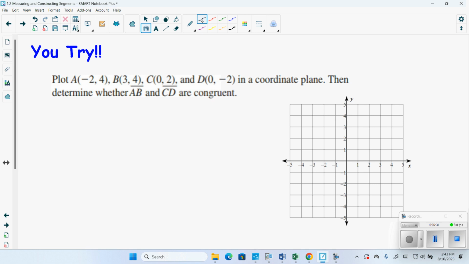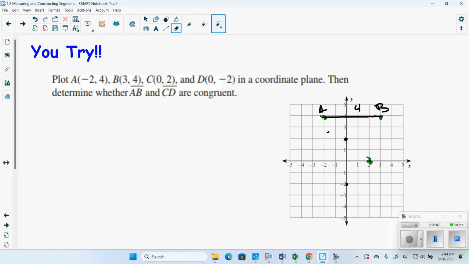All right, welcome back. I'm going to finish this question now. -2, +4. +3, +4. So the distance between those two, sorry, my pen went a little haywire, from A to B is 4. Now from C, 0, 2, 0, -2. Give me one quick second here.